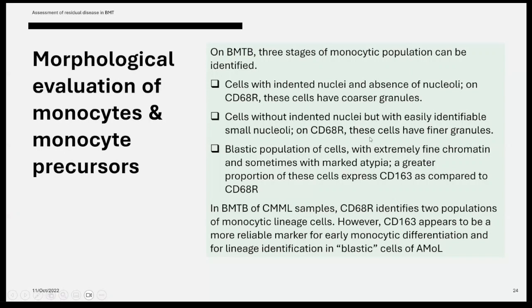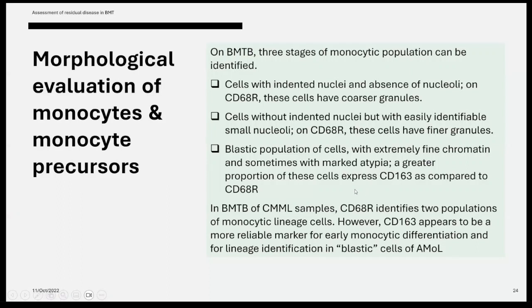And then the blastic population of cells with extremely fine chromatin, sometimes with marked atypia, and a greater proportion of these express CD163 positive as compared to CD68. Surprisingly, they express more CD163 as compared to CD68. You can compare.